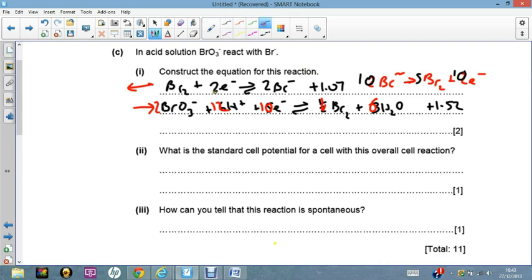And then when I add those together, I'm going to get this, and I could also write those together, so that's going to be 6.